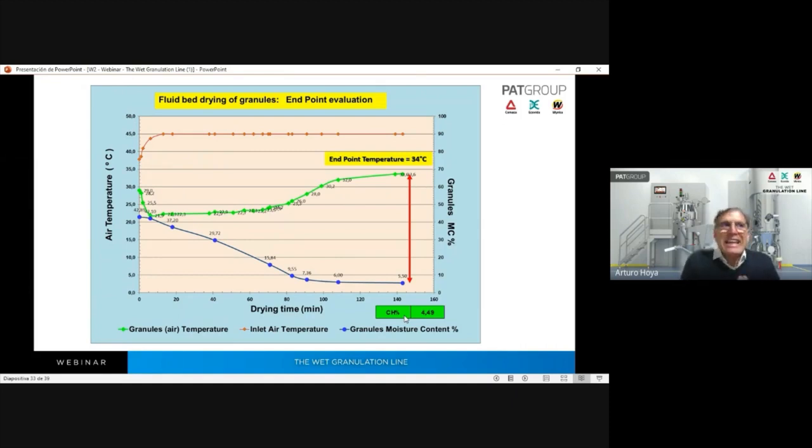I repeat, each product, each composition has its own endpoint temperature. This endpoint temperature corresponds precisely to the moisture content of the granules, that really is the content of moisture before we wet, of course. So it's very important to keep this kind of experiment in mind.